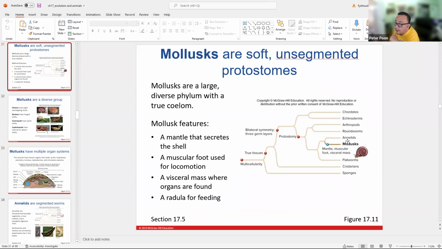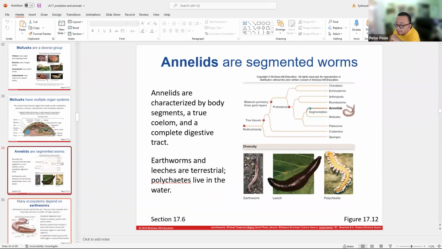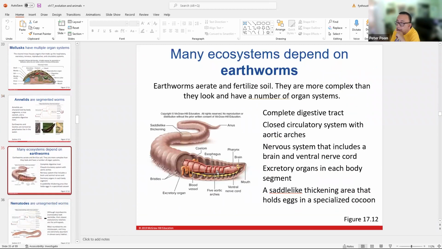So those are mollusks. Mollusks are actually very closely related to something called annelids. Annelids are segmented worms. The most common one you see is earthworms, but there are also things that live in water.